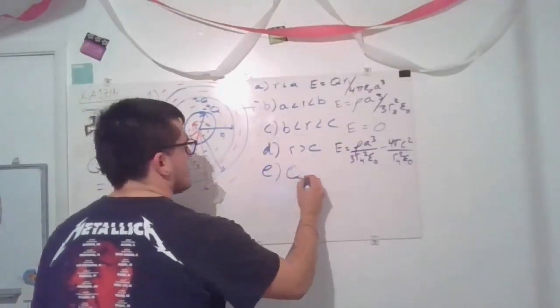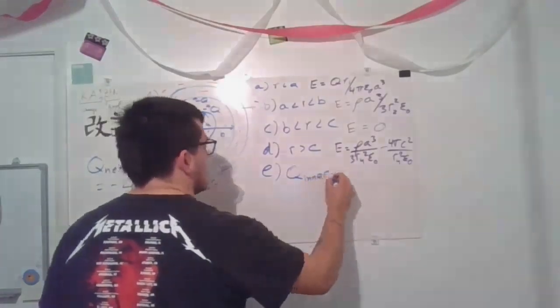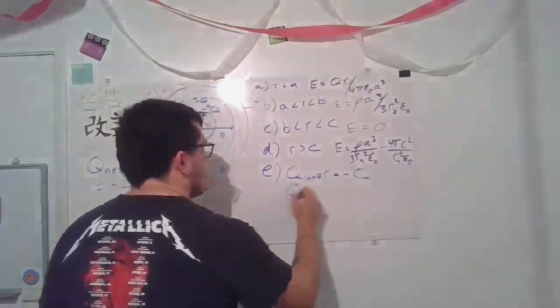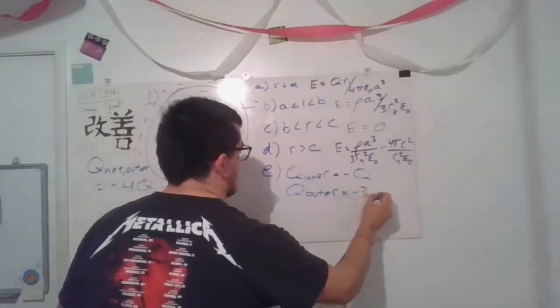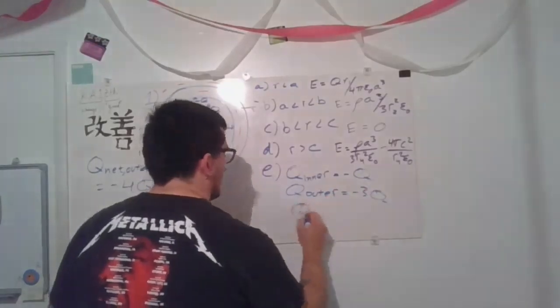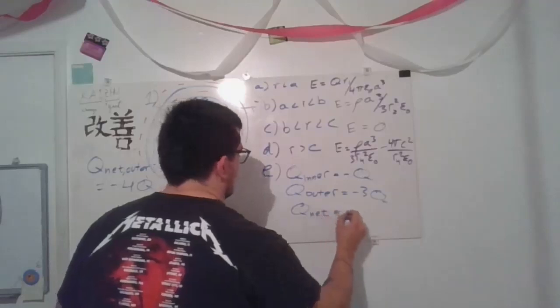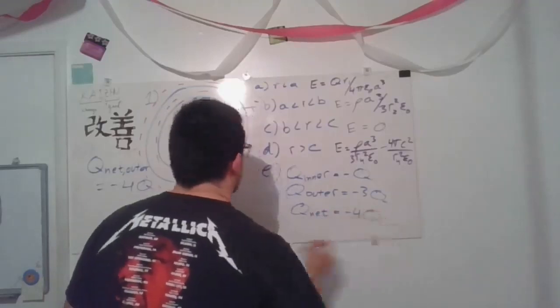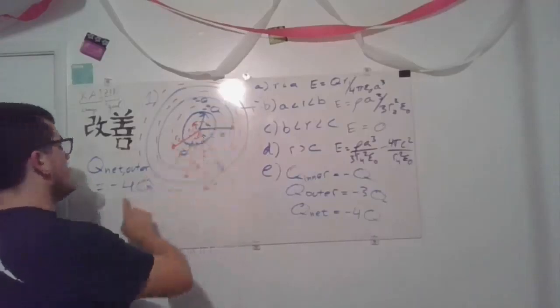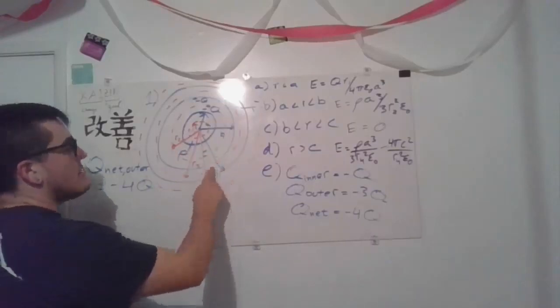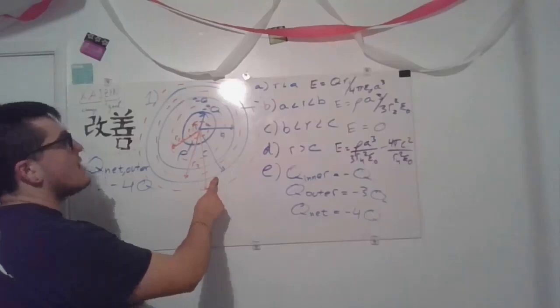So for E, the charge on the inner is equal to negative Q, and the charge on the outer is negative 3Q, and the Q net is negative 4Q. Here is going to be negative 4Q on the conductor, right? Negative Q plus negative 3Q.